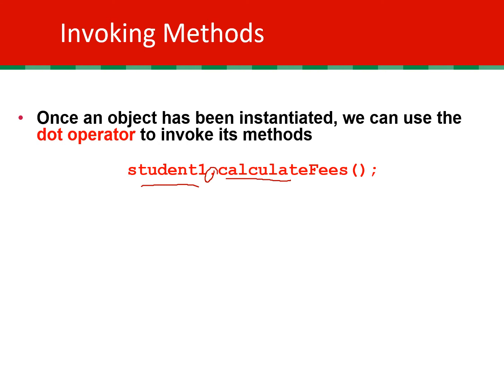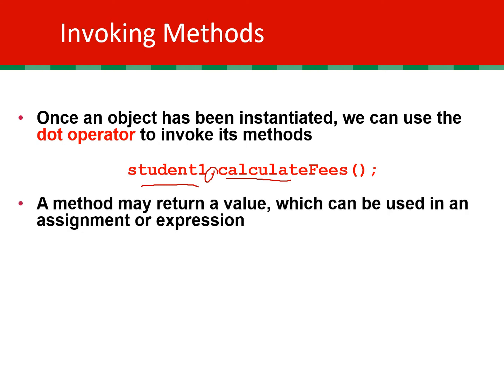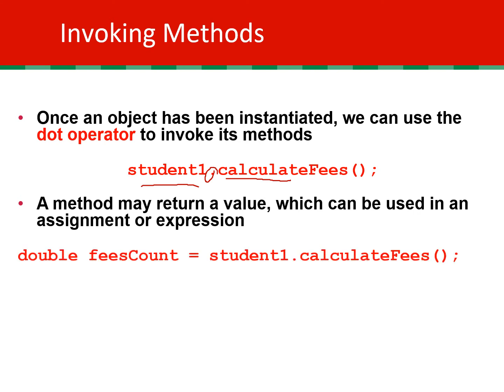You cannot simply write something that is not there in the class. So you can use it, for example, student1.calculateFees. If you still remember, this method returns a double value, meaning that after you finish executing this method, it will give you a value, the type is double, it's a number. That number can be passed to a variable. In this case, we give a name to this number. And because the return value is double, it must have a double value.